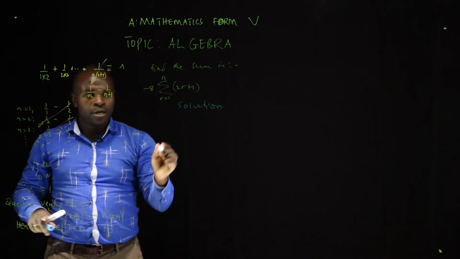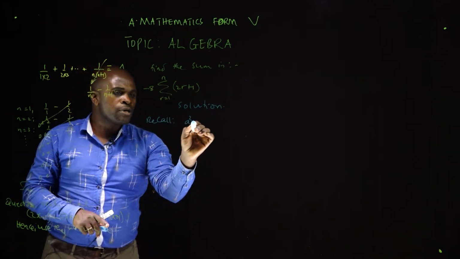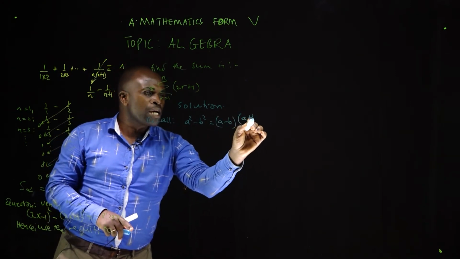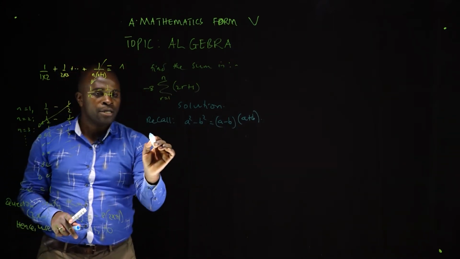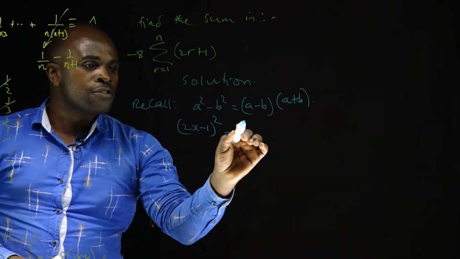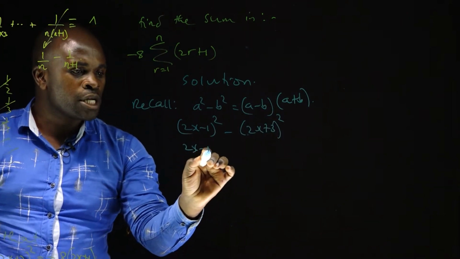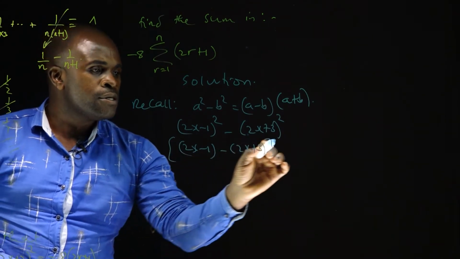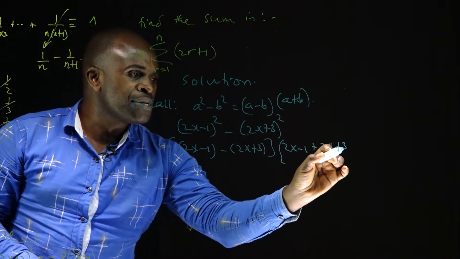So we say, recall: a squared minus b squared is (a minus b)(a plus b). This is called the difference of two squares. We then come here with (2x minus 1) squared minus (2x plus 3) squared. So we take (2x minus 1 minus 2x minus 3) times (2x minus 1 plus 2x plus 3).